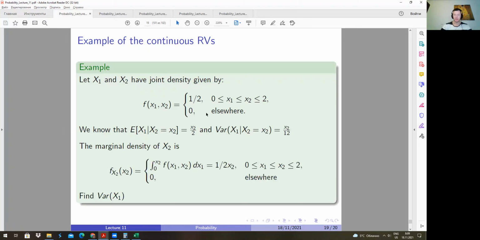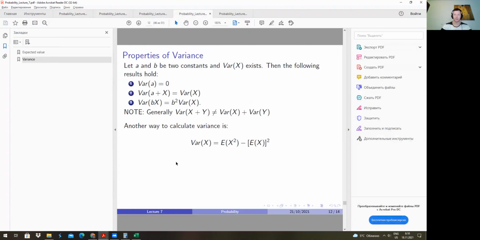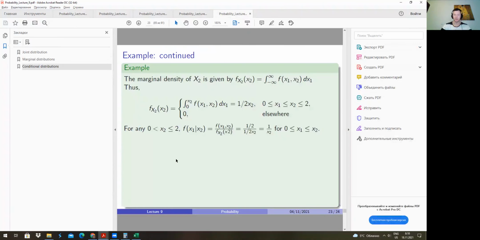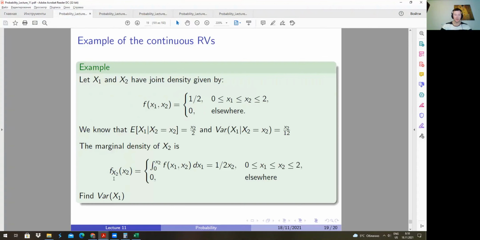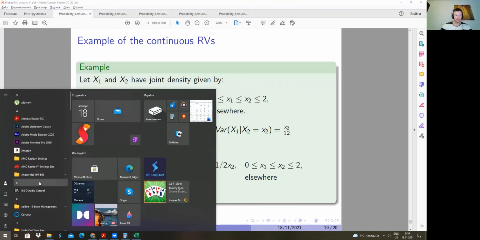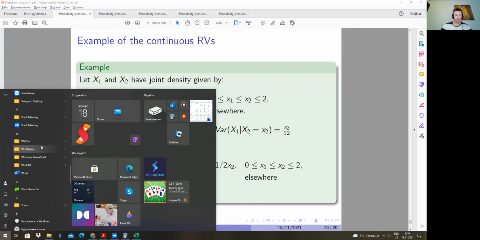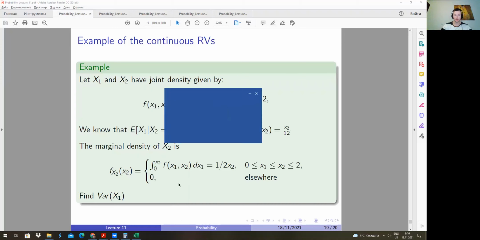It's just an integral of the joint density with respect to x1, and it's simply 1/2 x2. We know this from lecture number 9. It's here. Yeah. So let's do this together just to understand the steps.